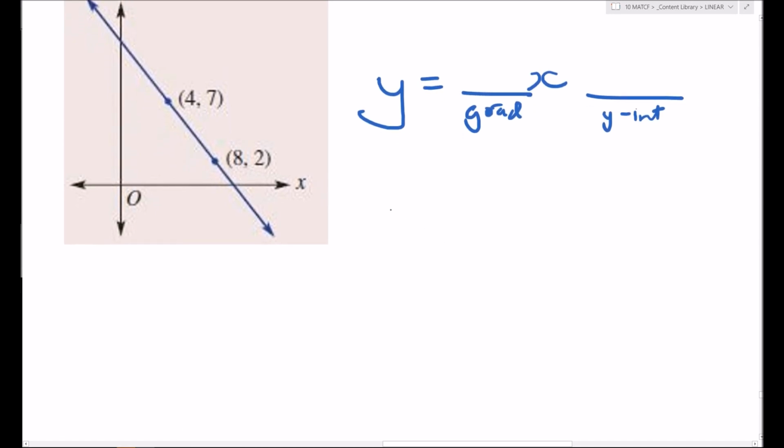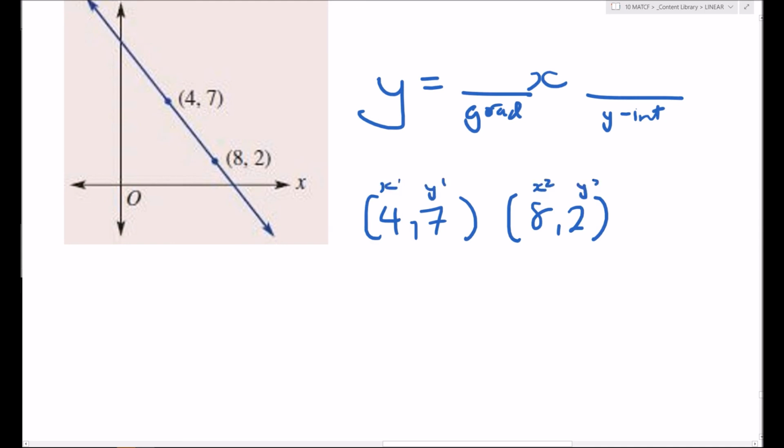So you've got your 2 points, (4, 7) and (8, 2). Remember to label your points so you know which one you're working with. You don't have to do this if you get it, but for the people that need it, it's there. Remember your formula: y2 minus y1 over x2 minus x1.